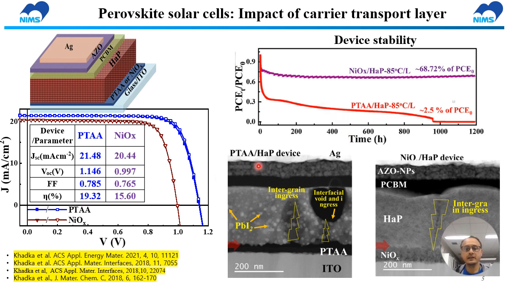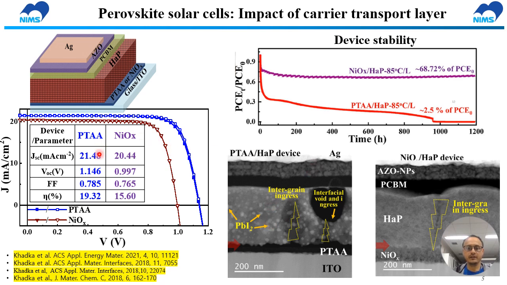The reason is that PTAA is an organic or polymer layer with poor interface quality, which deteriorates the interface quality as well as the bulk layer with aging, whereas nickel oxide retains the bulk layer and interface quality compared to the PTAA device.